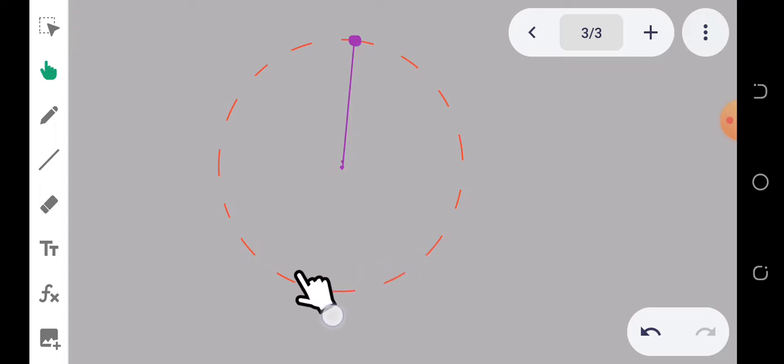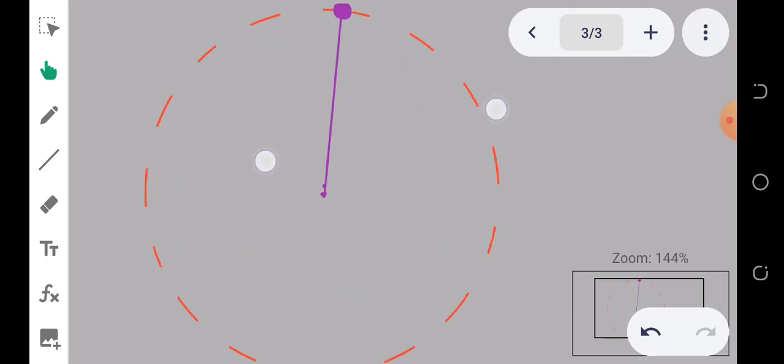The centripetal force that will make this ball move in this circle will be due to the weight of the ball as well as the tension in the string.